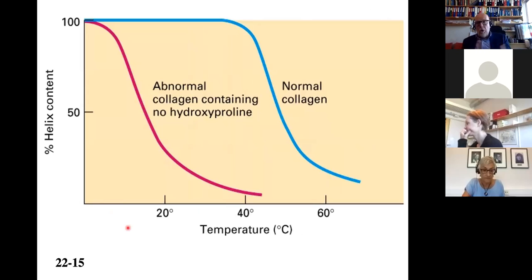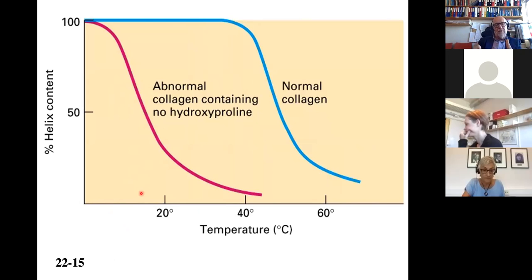Normal collagen is a stable protein, and it's not denatured at body temperature, of course, otherwise it wouldn't work. But if you produce collagen without hydroxyproline, it's much less stable. It denatures at low temperatures.